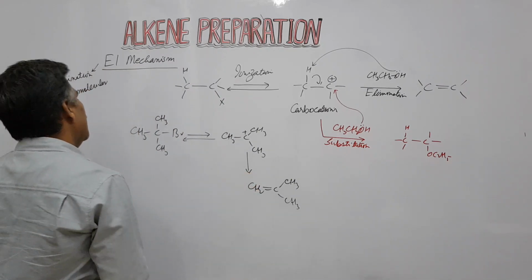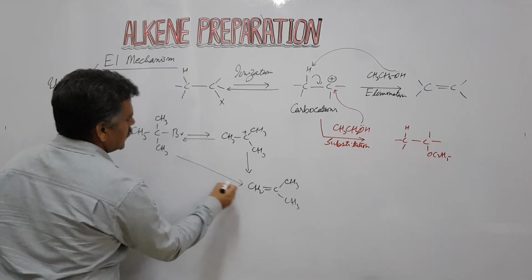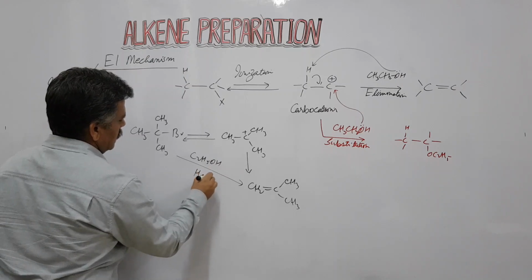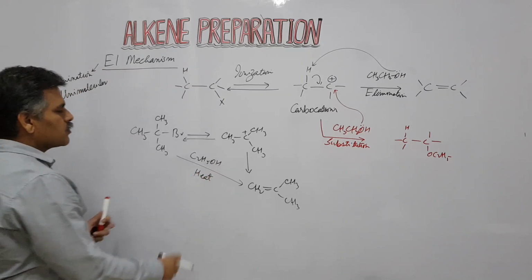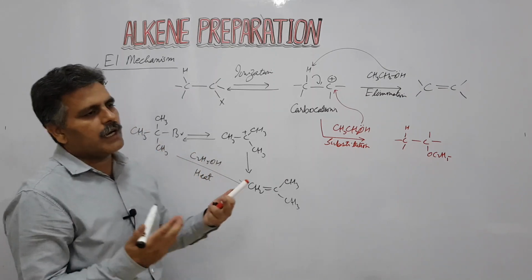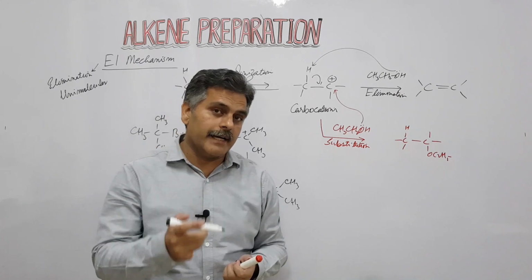If you discuss this reaction, normally it is carried out in the presence of C2H5OH and heat. So there is no role of a strong base. Here the role of a strong base is not as important as the formation of the carbocation.